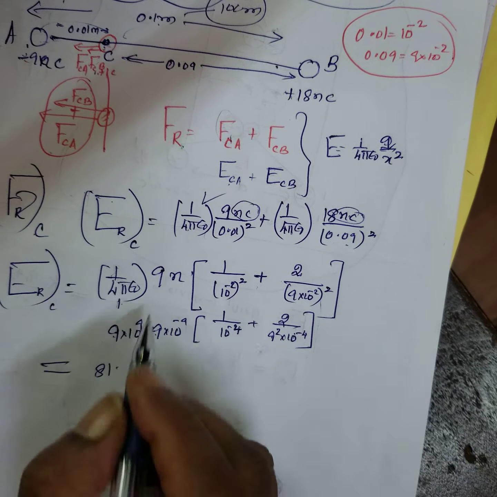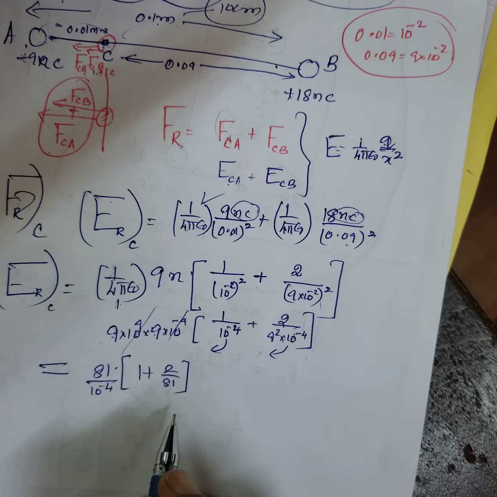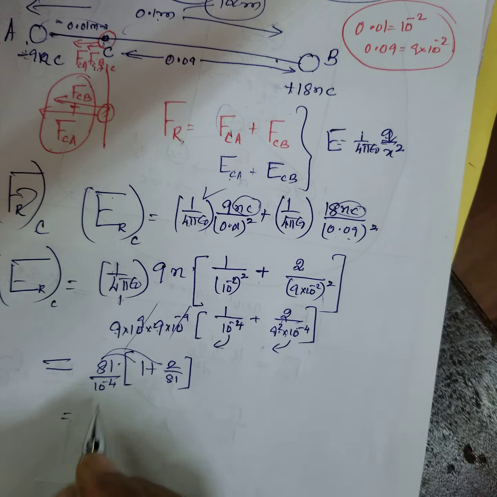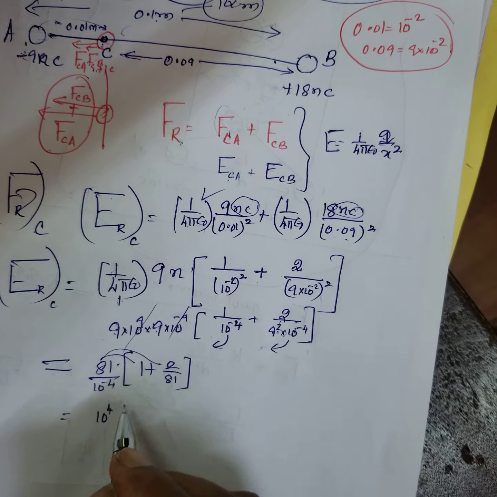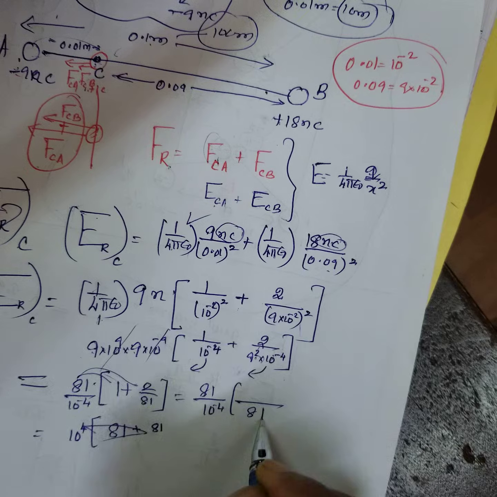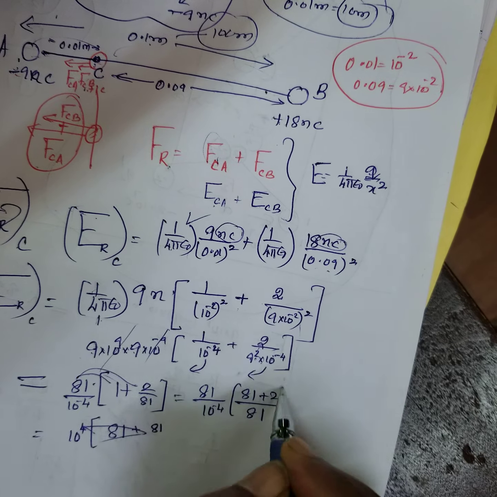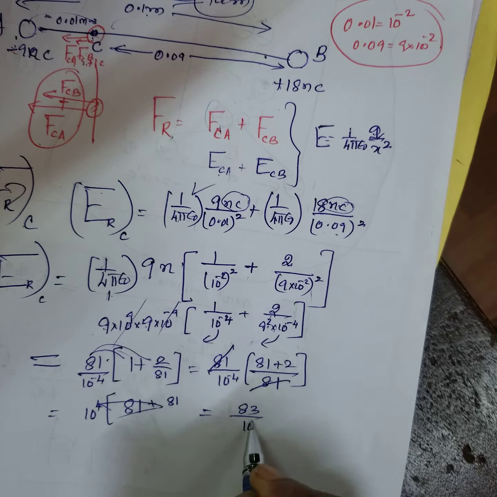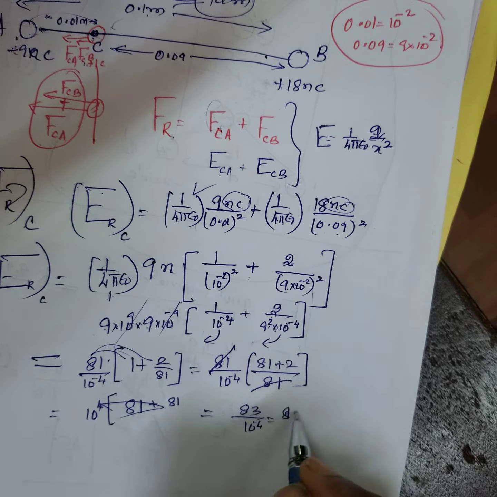I take 10 to the power of minus 4 outside: 1 plus 2 by 81. 9 square is 81; taking the LCM 81, we get 81 plus 2 over 81. The 81 cancels. Therefore, 83 by 10 to the power of minus 4, or 83 into 10 to the power of plus 4.